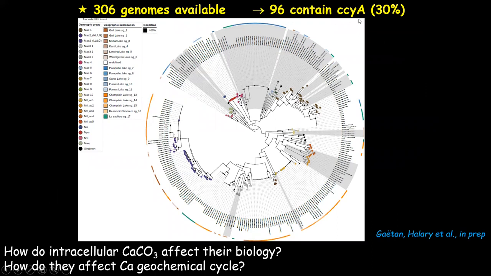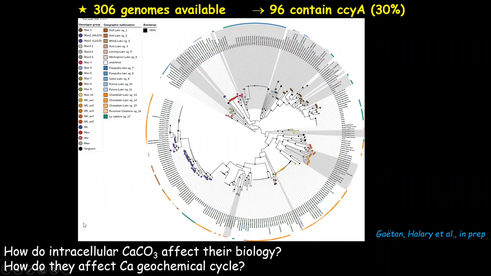And one third of them contain the CCYA gene, which means that really, in that genus, the formation of intracellular calcium carbonate is an important thing. And here you have this phylogenetic tree, representing it in a different way. All the gray shaded areas correspond to the Microcystis with intracellular carbonate.